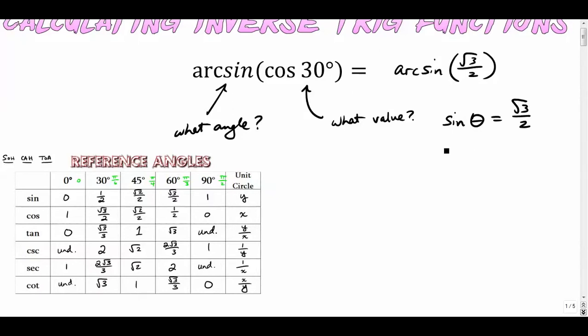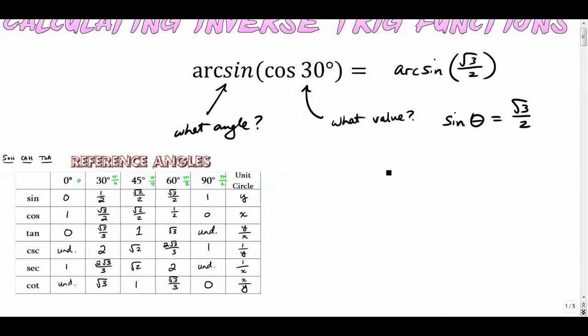We'll keep our constraint pretty simple and just worry about a positive angle in the first quadrant. So the sine of what angle is equal to radical 3 over 2?